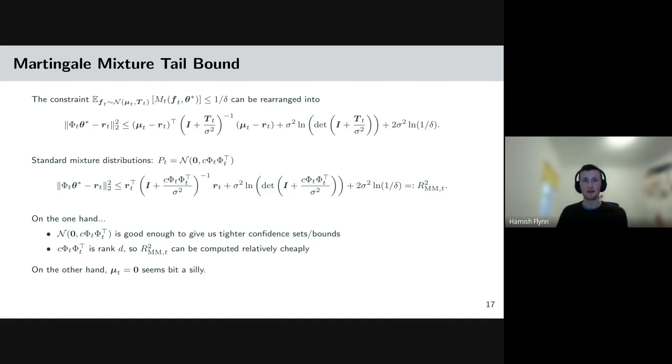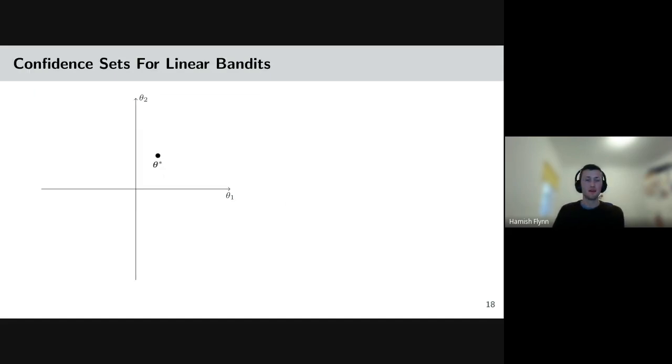Okay. Yes, so on to the actual confidence sets now. On the left, I've plotted the parameter space, assuming theta is a two-dimensional vector for the time being. From the Martingale tail bound we've spent all this time on, we have the following constraint for theta star, which holds with high probability.